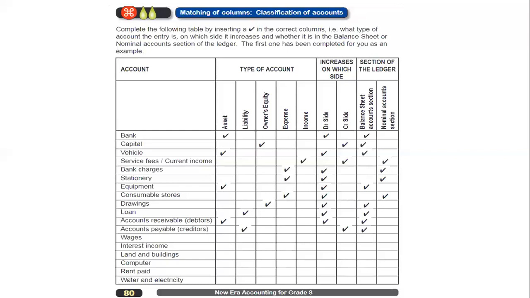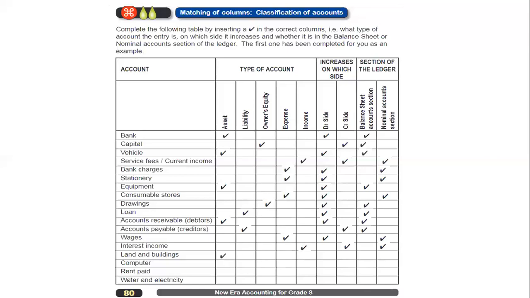And then wages, these are expenses, and they increase when they receive on the debit side, and they are found in the nominal account. And then interest income, this is an income, like the word says, right? Type of account. It increases when it gives, which is on the credit side, and you find it in the nominal accounts. And then land and buildings, these are assets.